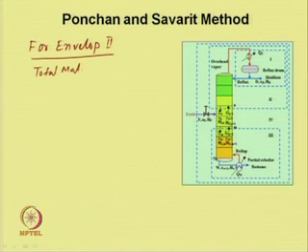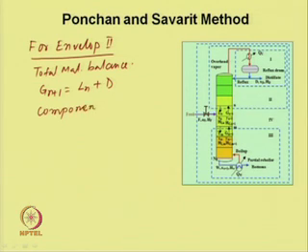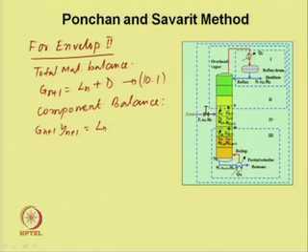Total material balance: Gn plus 1 is equal to Ln plus D. Component balance, this is equation 10.1: Gn plus 1 yn plus 1 is equal to Ln xn plus D xD, equation 10.2.